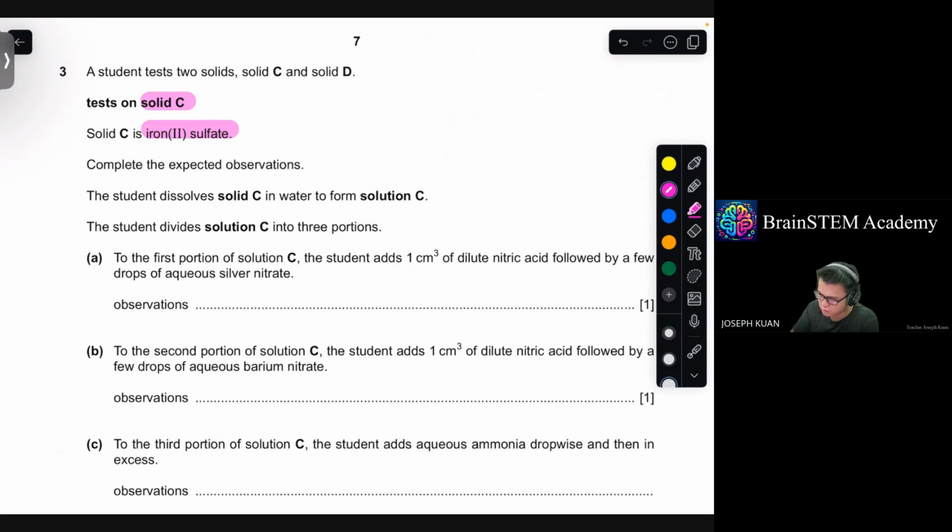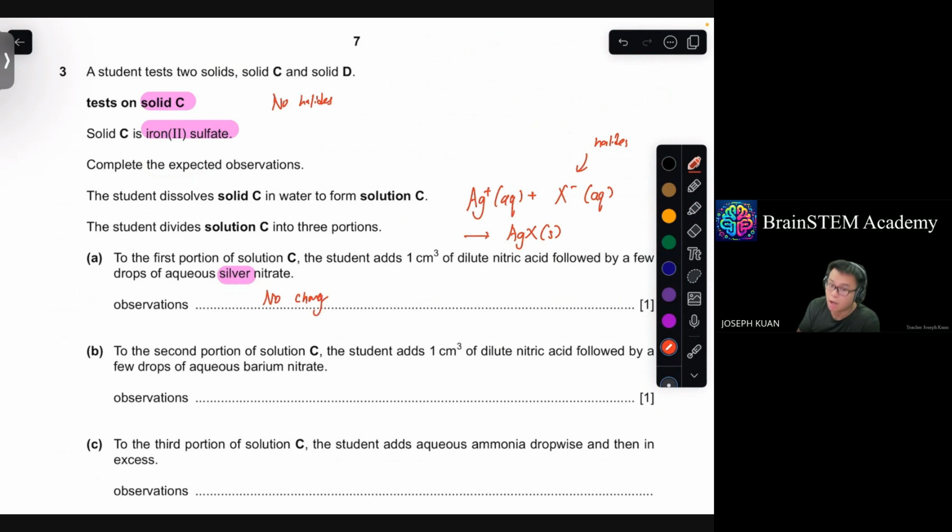A. To the first portion of solution C, the student adds 1 cm³ of dilute nitric acid, followed by a few drops of aqueous silver nitrate. The keyword here is silver. Silver reacts positively with halide ions to form silver halides. Now, by this question, there are no halides present.